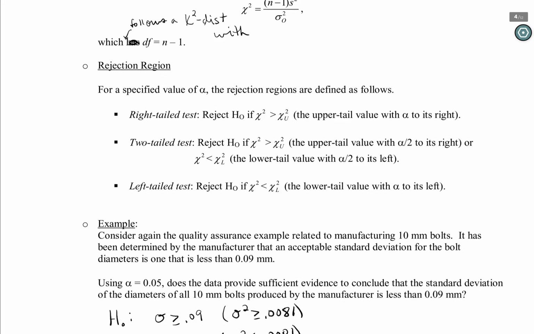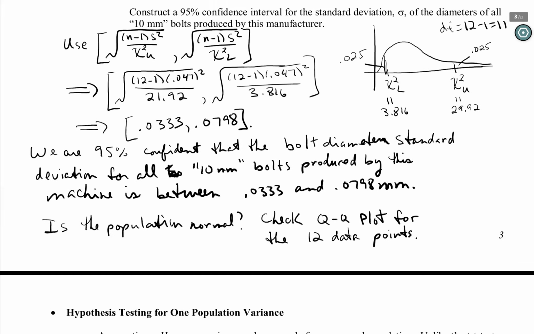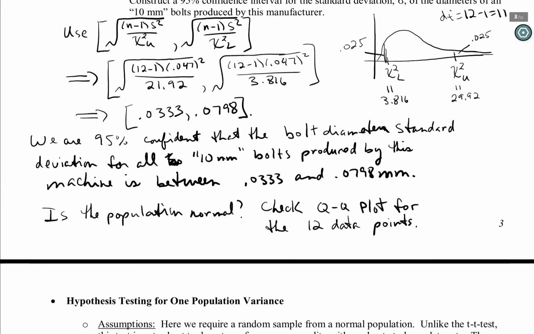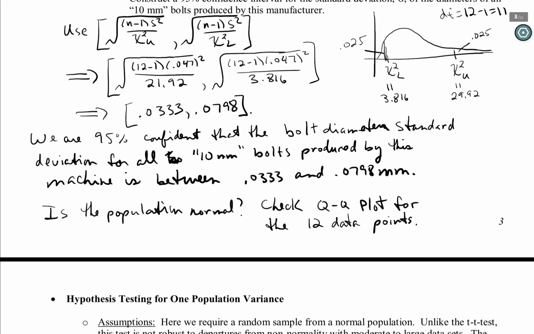And I just want you to connect this with the confidence interval result that we had from before. If you look at the confidence interval result, we had a two-sided confidence interval here. Notice that it is to the left of 0.09. Even the upper bound is less than 0.09.